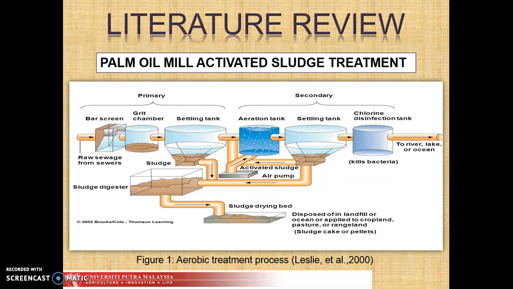Once the microorganisms have fed on the sewage, it will be deposited at the bottom of the settling tank and then transported to the sludge digester and finally to the landfill. Some of the activated sludge will be recycled into the aeration tank in order to maintain the microorganism level.